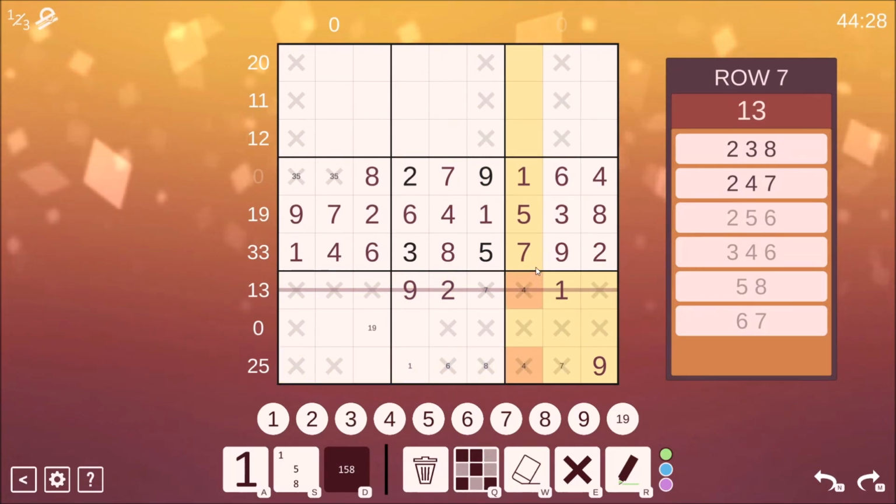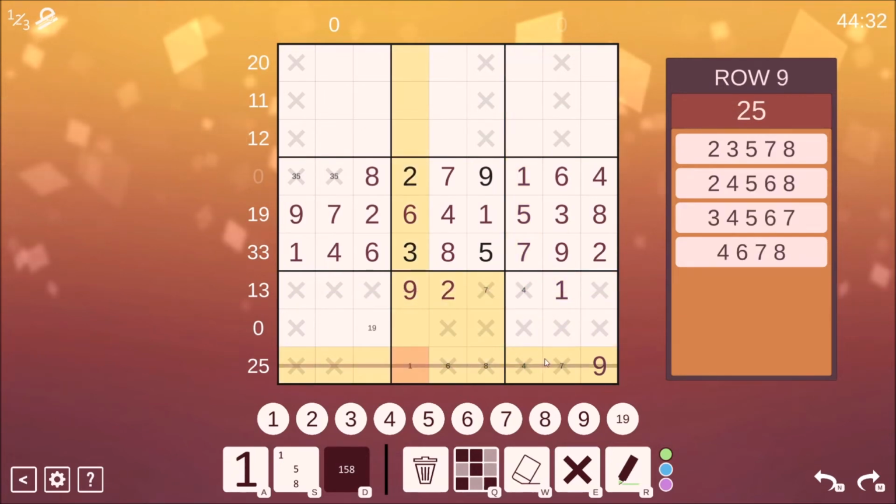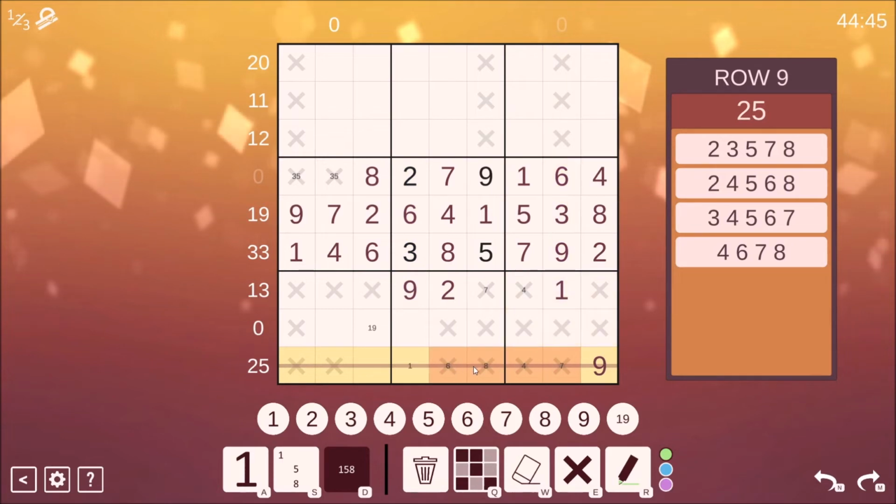So we can actually go ahead and rule out this one, since we know that we had to have a 4 in the middle to block one of these for the consecutive rule. And the 4 can be in either of the middle spots.